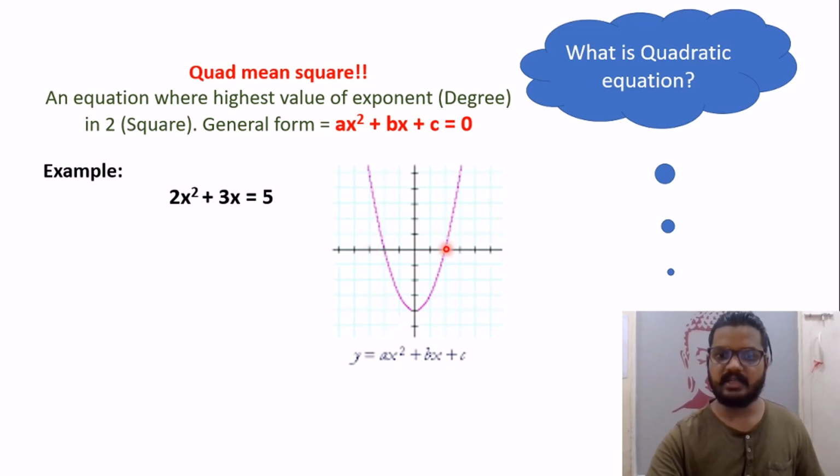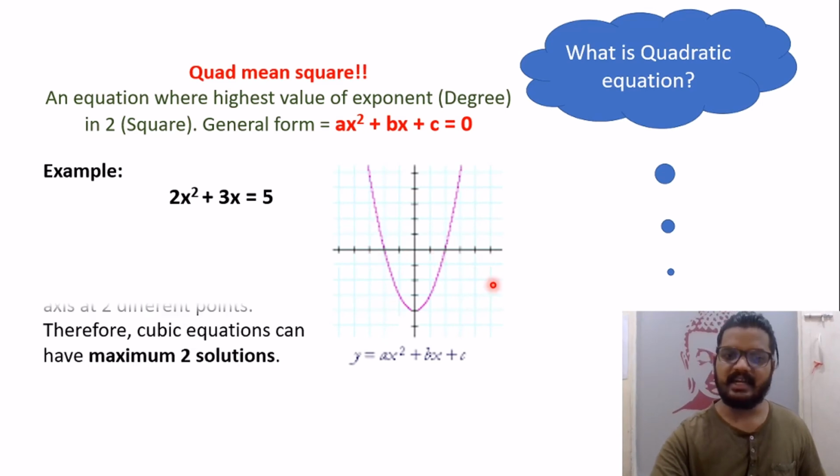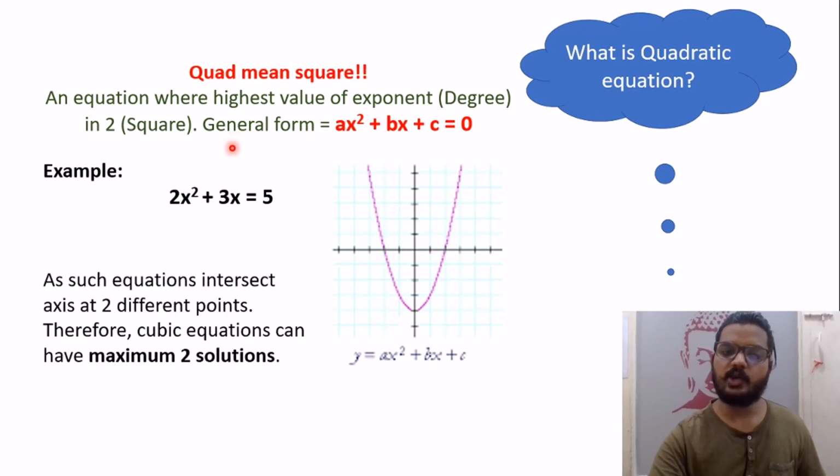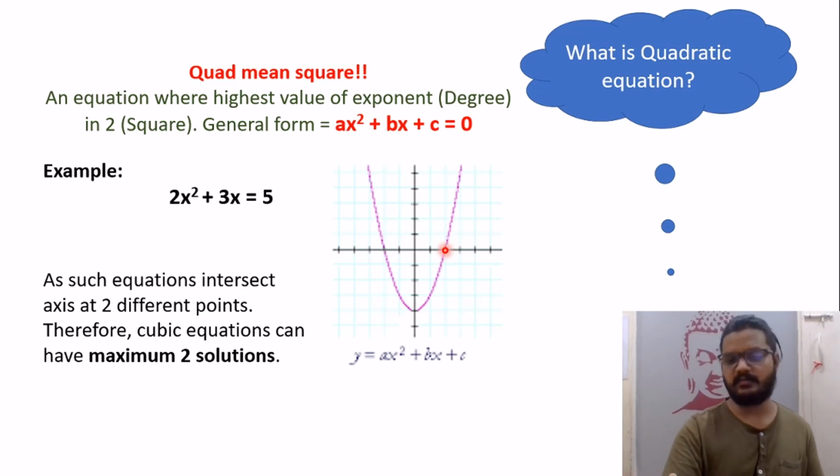As you can observe, it passes through the x-axis twice, and that is the reason a quadratic equation can have a maximum of 2 solutions for x, because it is passing through the x-axis 2 times. And if you simply want to find out the value, very simple, you just see the intersection point. That intersection point is nothing but your answer for the value of x. So this is how simple this is.